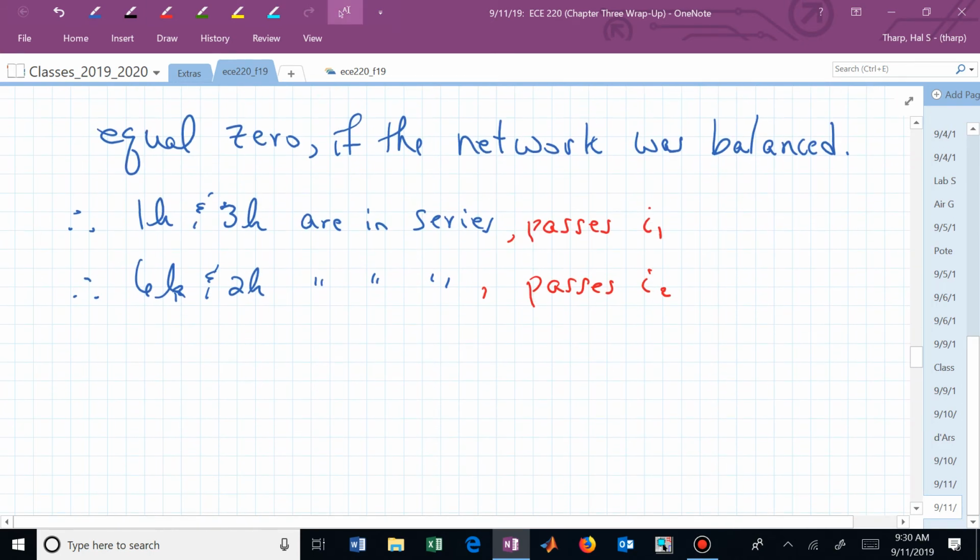And 4k, that's why I didn't write k's around all those. I can't write a k to save my life. So now 4k is in parallel with 8k. That's what we get when we sum 1 and 3 and 6 and 2. And these are in the vertical branches.